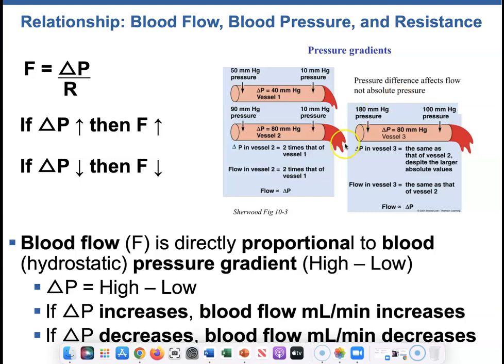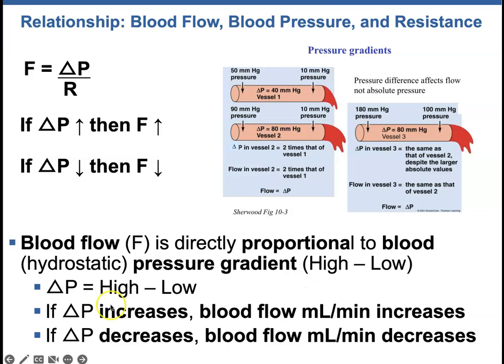So what has happened here, even though the larger absolute values are bigger, your pressure gradient still remains the same. Even though the P1 and P2 increased, you still have the same pressure gradient. So it doesn't always mean that just because your P1, your P2 go up, it's the difference between those two that ends up mattering.